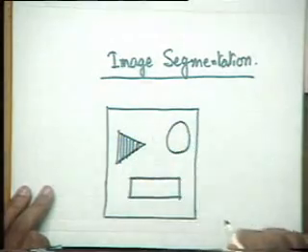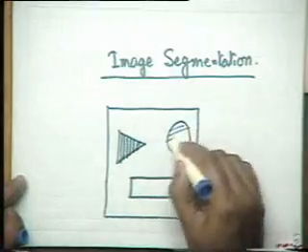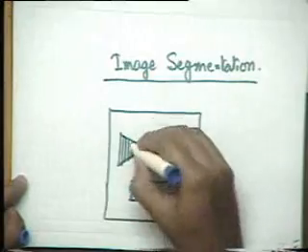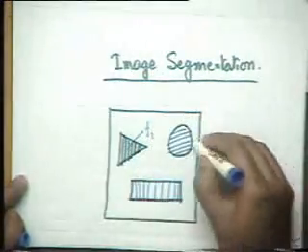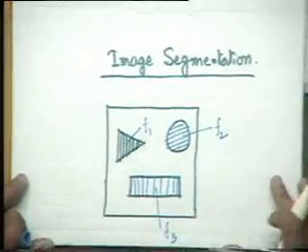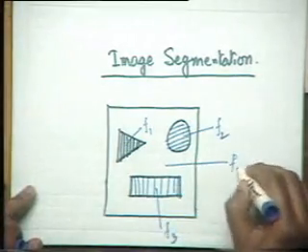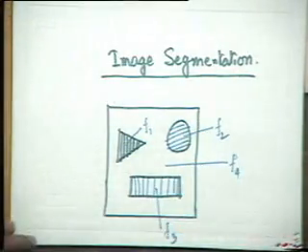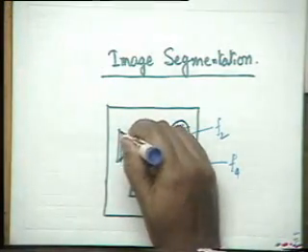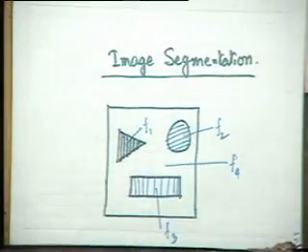Supposing all these three objects have their own intensity levels: this object has intensity value f1, this object has intensity value f2, this object has intensity value f3, all of them uniform in intensity, and supposing the background has some other intensity value f4.